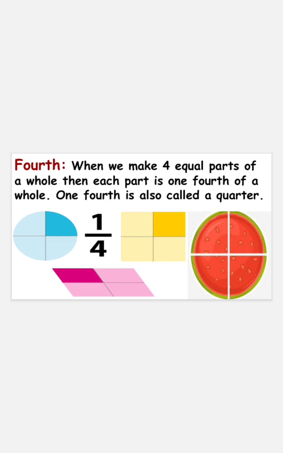When we make 2 equal parts of an object, each part is known as a half. When we make 3 equal parts, each part is known as 1/3. One part out of 3. In the same way, 1/4 or quarter means one part out of total 4 parts of a whole.